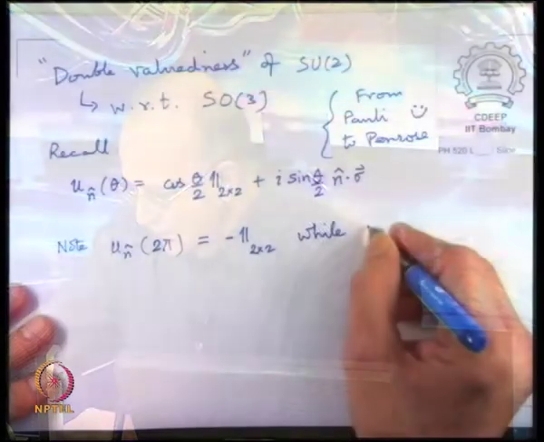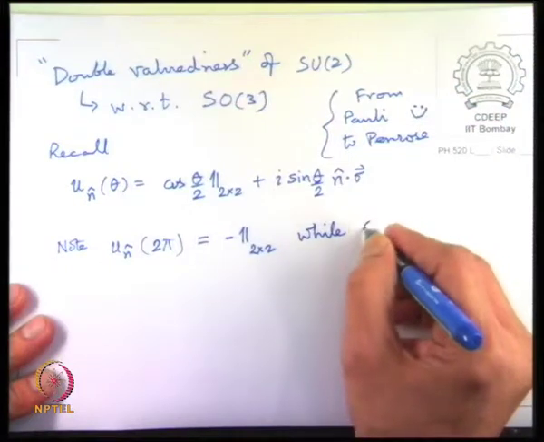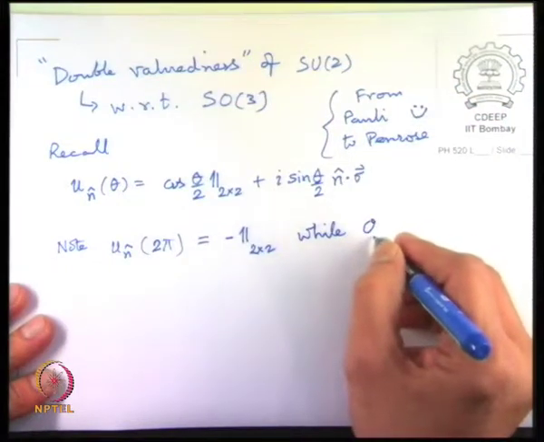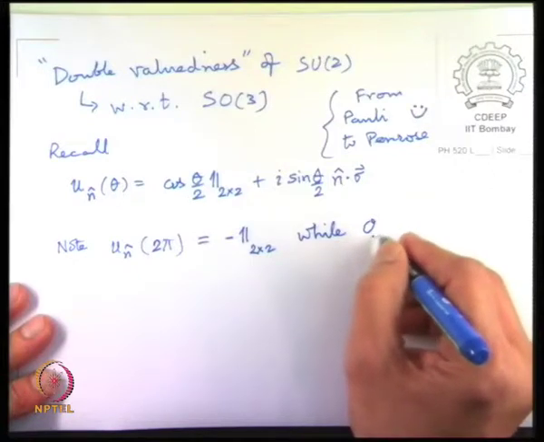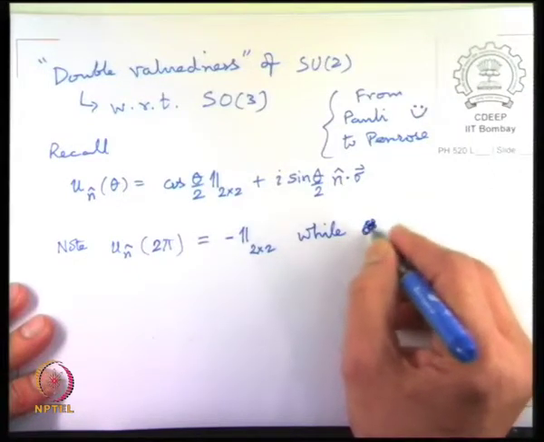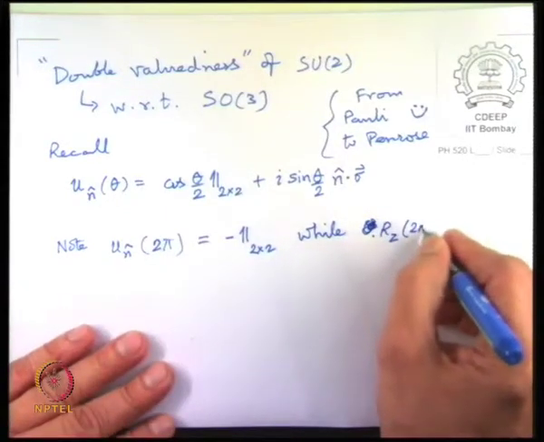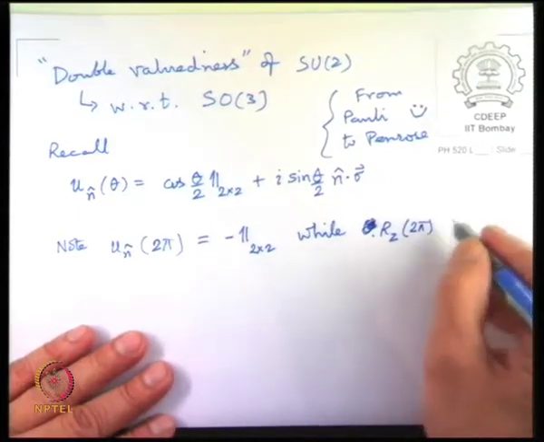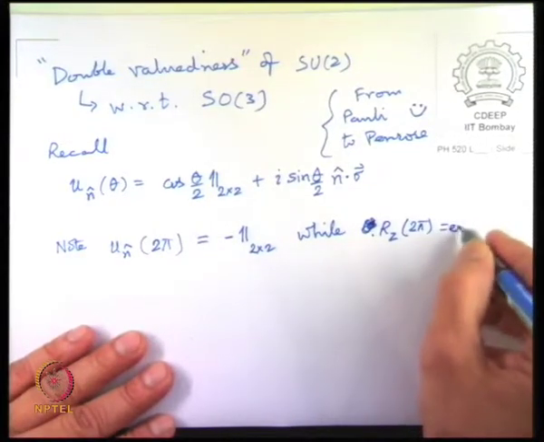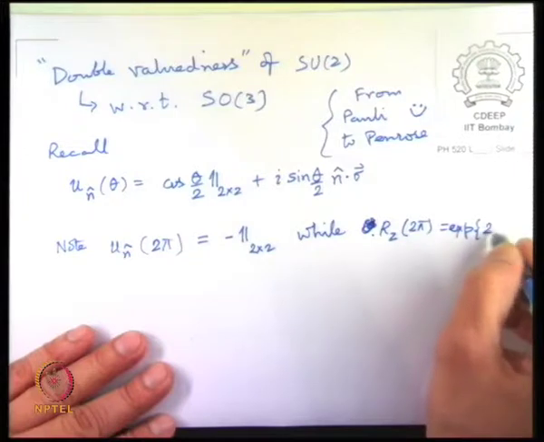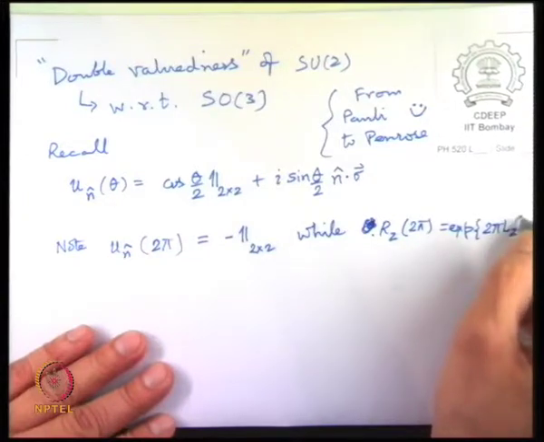the O elements, let us say O generated by theta along the z axis. So what was our notation? Rz of 2 pi, which would be exponential of 2 pi times Lz, right?